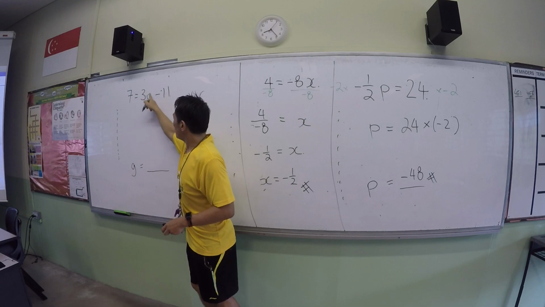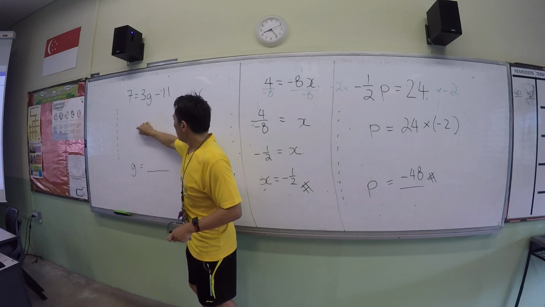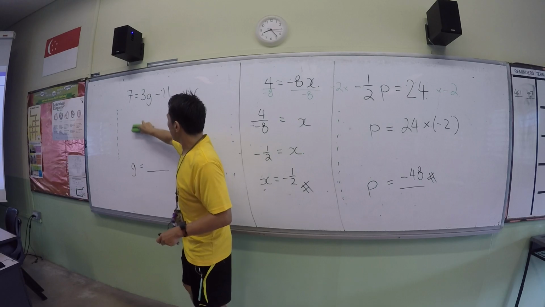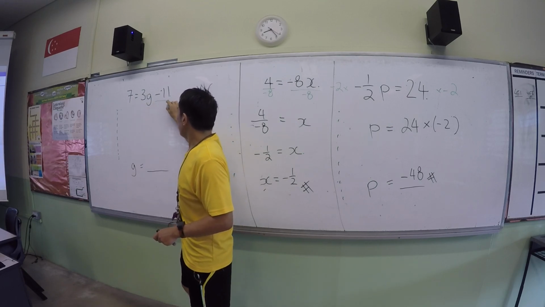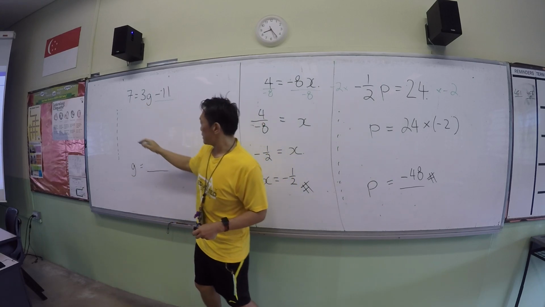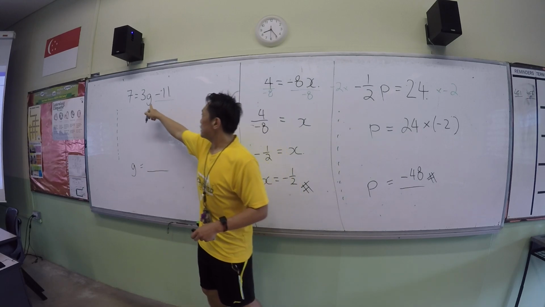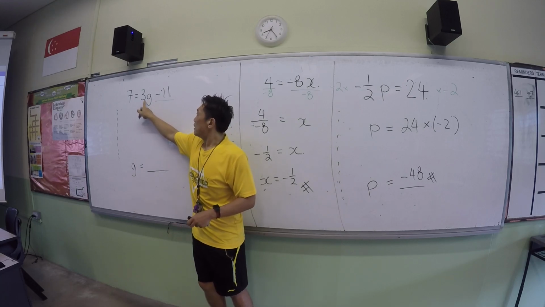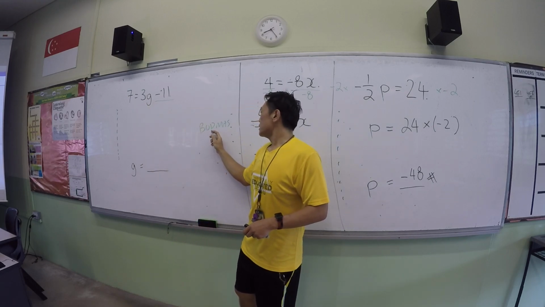And then, the 3g, you need to minus 11. So, if I want to finally have only g by itself, I must first get rid of what is further away. Meaning, I want to get rid of this minus 11 first. Because multiplication is closer. Multiplication with these 3 is closer.